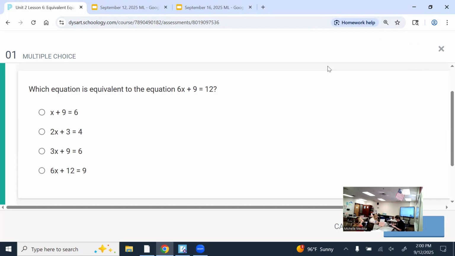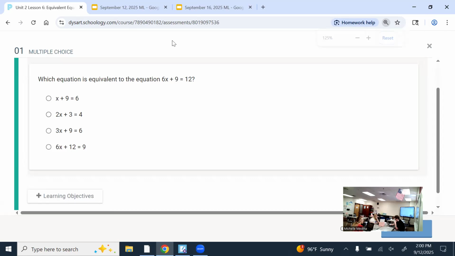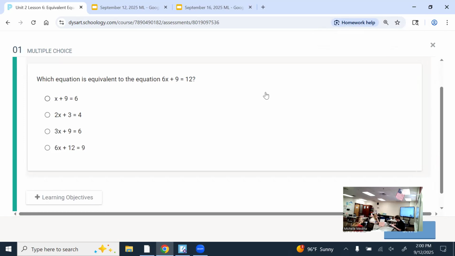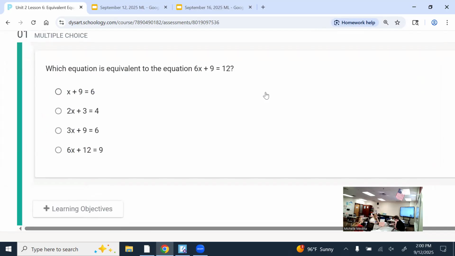We have a few ways, and later on I'll even show you another way that's easier. But with what we learned today, I'll go based off of that. If you can manipulate one to get the other, then they are equivalent. So comparing x plus 9 equals 6, pick a part to focus on.